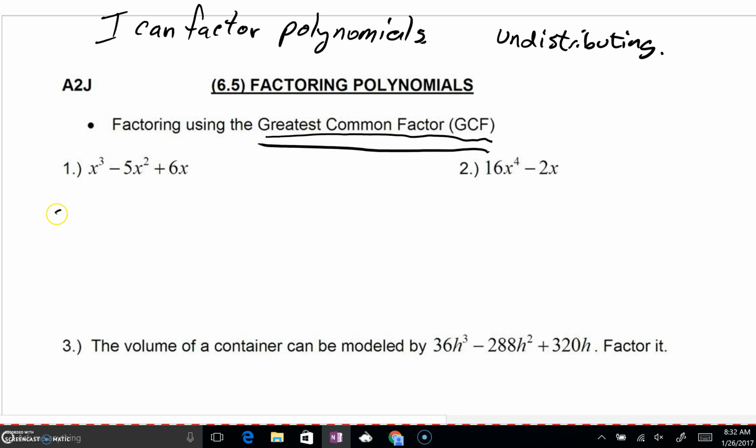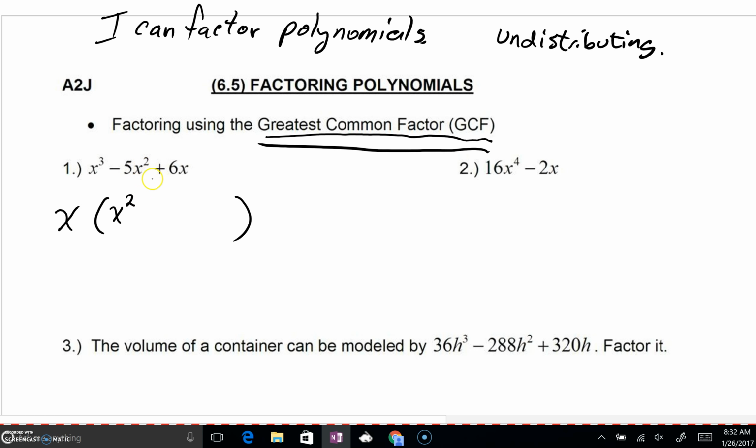So I'm going to reverse distribute, so to speak. I'm going to pull out an x. What I'm really doing is taking away an x from each one of these. Technically, I'm dividing it out. If I take one x away from x cubed, what am I left with? X squared.